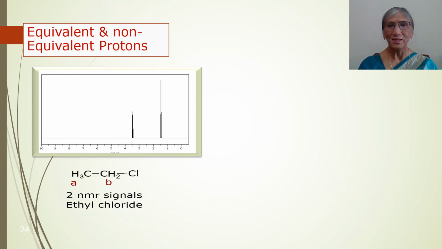We can say that in ethyl chloride, the methyl group protons A are equivalent and the methylene protons B are equivalent, but the methyl protons and the methylene protons are non-equivalent. Therefore, this compound shows 2 signals. So the number of signals indicates how many types of non-equivalent protons are present in the molecule.